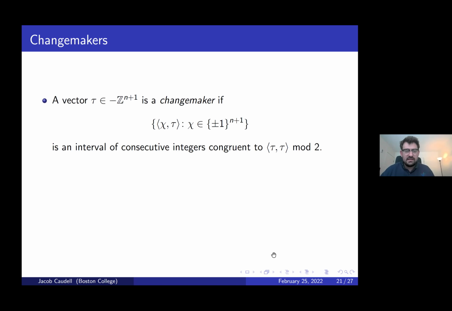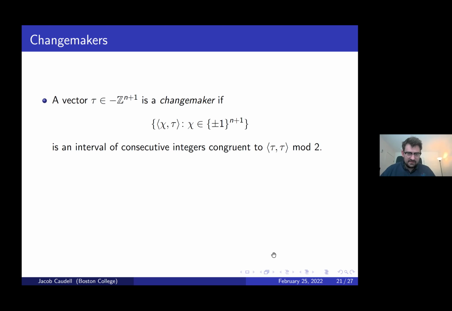A vector tau in a diagonal lattice is a changemaker if you take the set of pairings of elements in Z^n, all of whose coordinates are plus or minus 1, pair that against your vector tau, and if that is an interval of consecutive integers, all of whom are congruent to tau paired against itself mod 2, then tau is a changemaker.